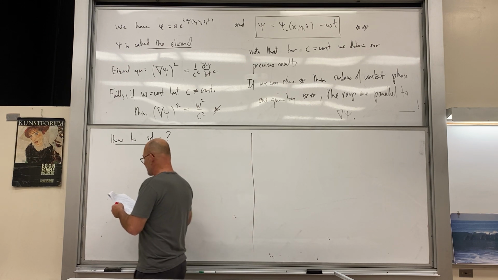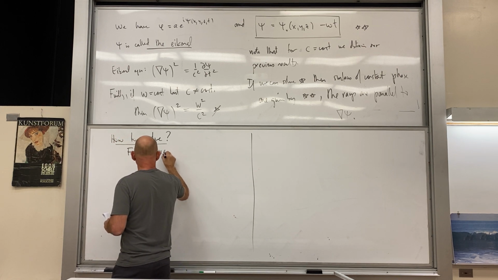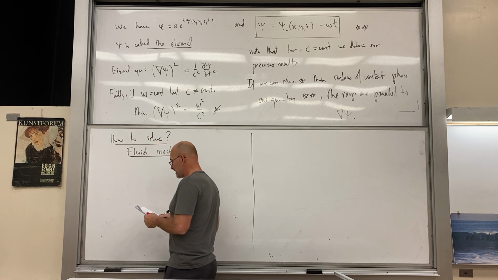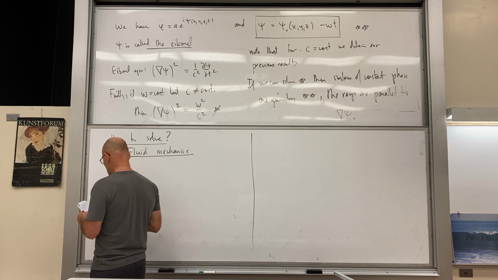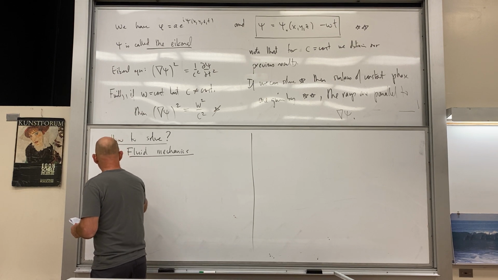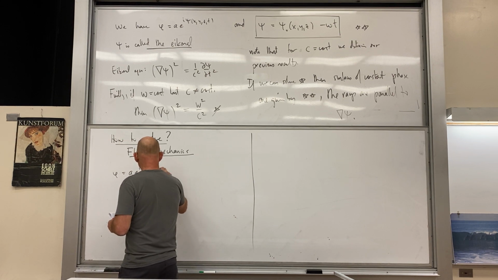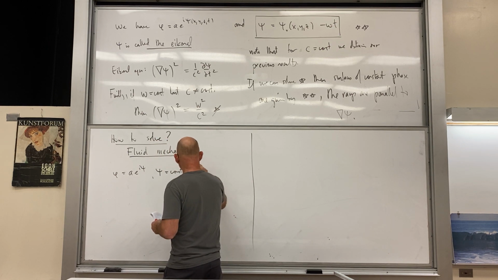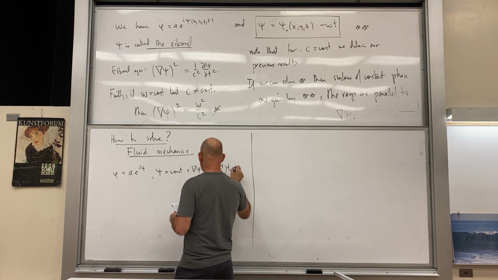So what we're going to do is a fluid mechanics column here first. In fluid mechanics, this is what we have: phi equals A e to the i C, where C equals a constant plus gradient C dot r plus dC/dt times t.